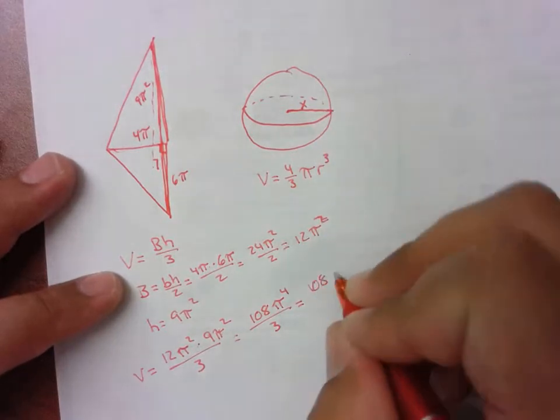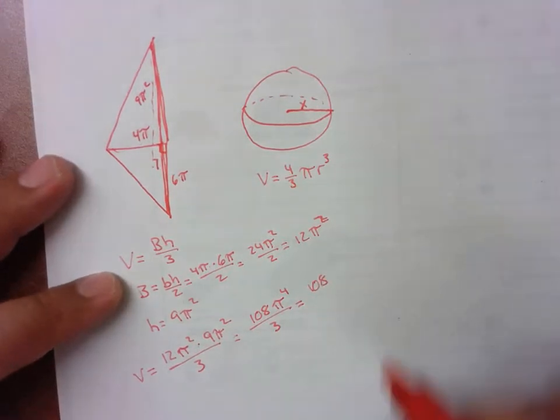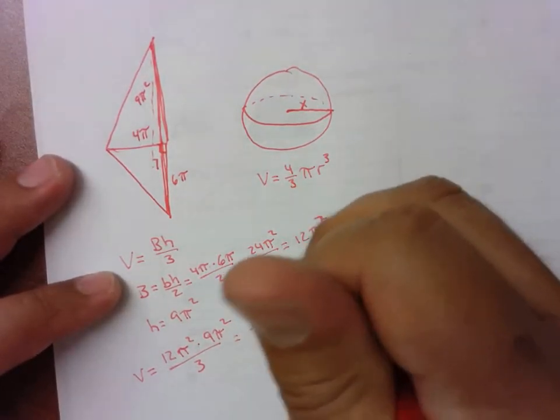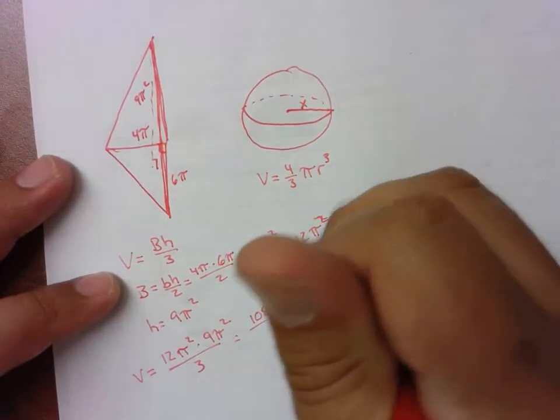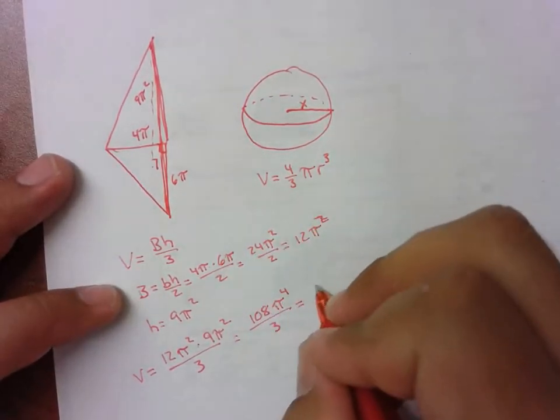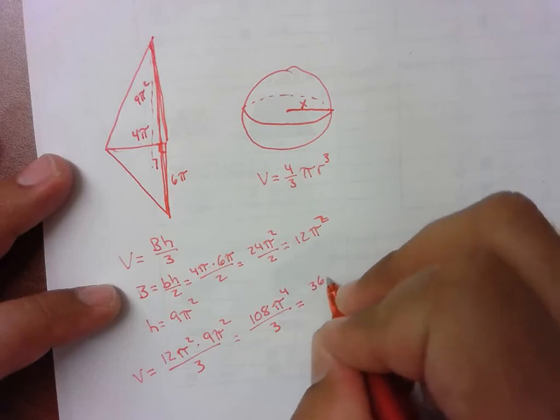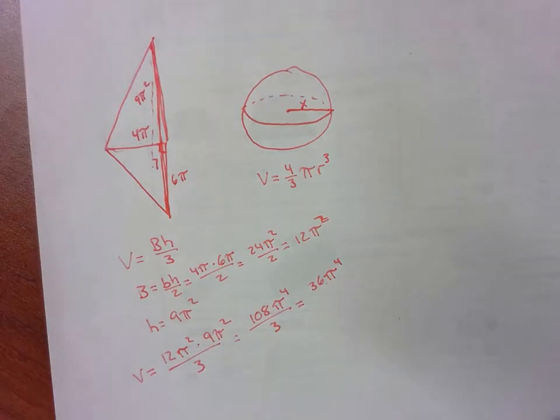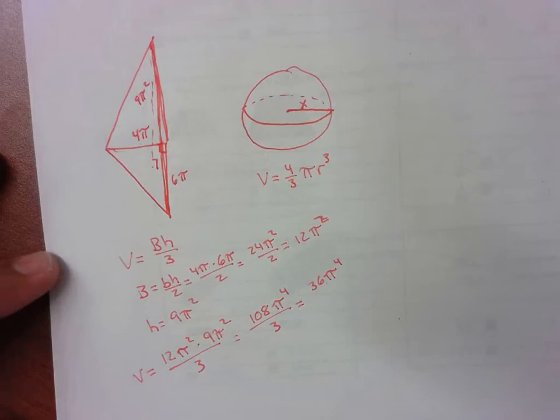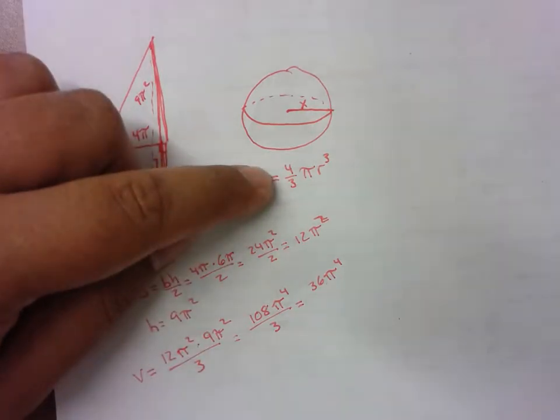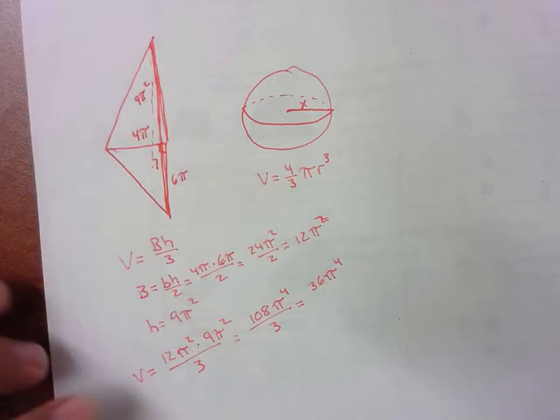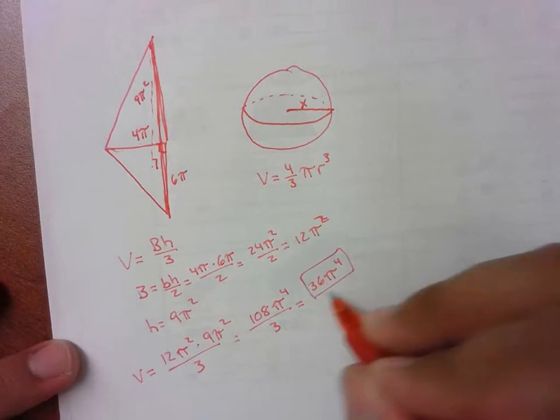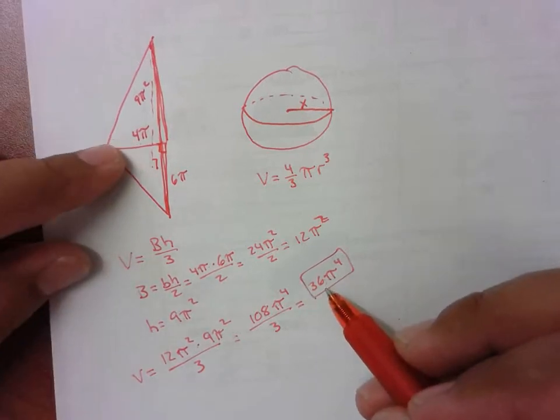So 36π to the 4th is the volume. Again, we're not going to mess with the π yet of this triangular pyramid.